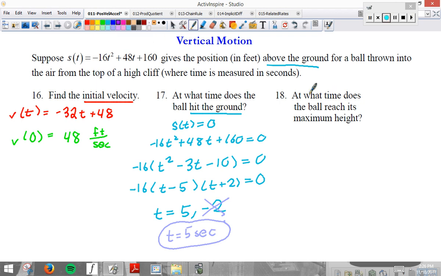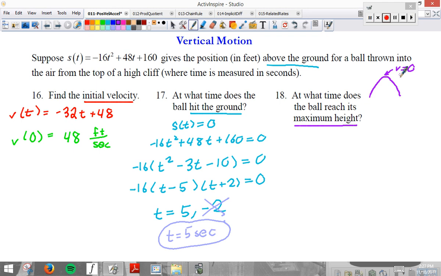Last. At what time does the ball reach its maximum height? So, an important fact for physics is that when we throw balls into the air, they come back down, this peak is where the velocity equals 0.